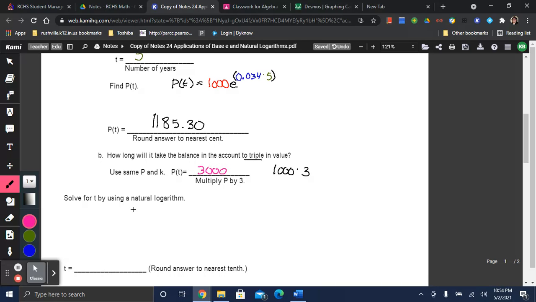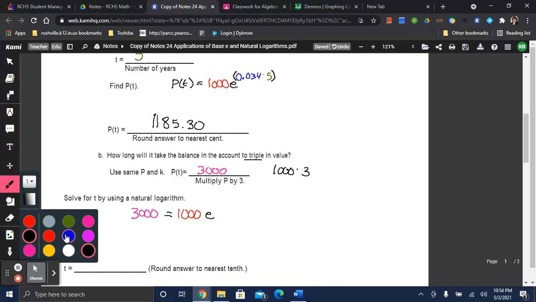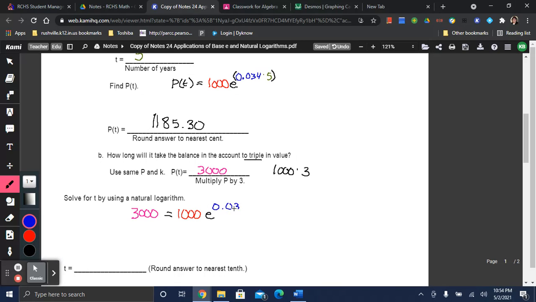So the P of t, 3,000, equals, and then the original amount, 1,000, e to the k, which is your decimal, and your unknown, your variable, is t.